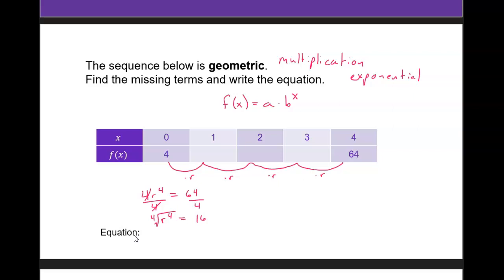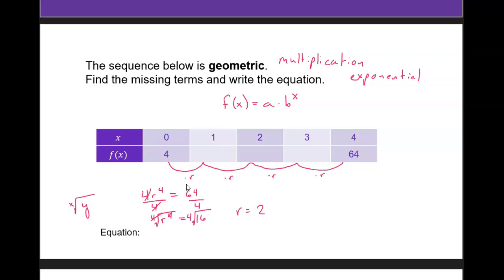We talked about how to do that in your calculator. It's probably a symbol that looks something like this, or there might be a y underneath, something like that. We can just put this in our calculator. We get 4th root of r to the 4th. Those will cancel, and then we have to 4th root this side as well. So if we 4th root 16 in our calculator, we get r equals 2.